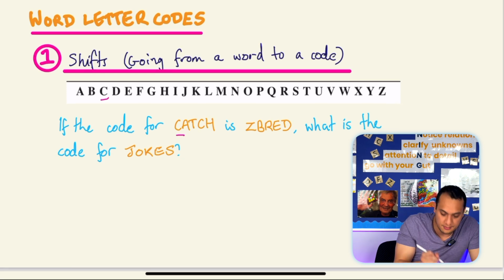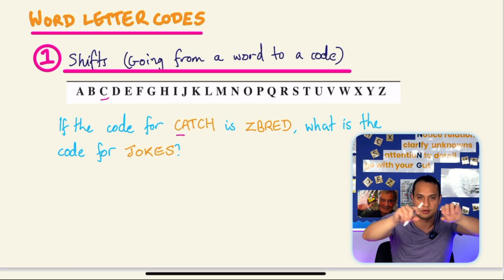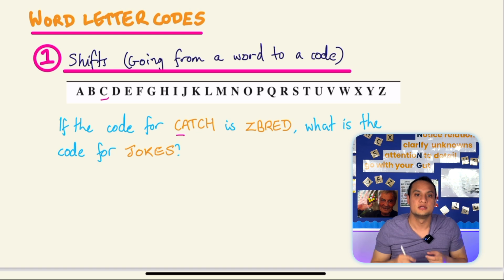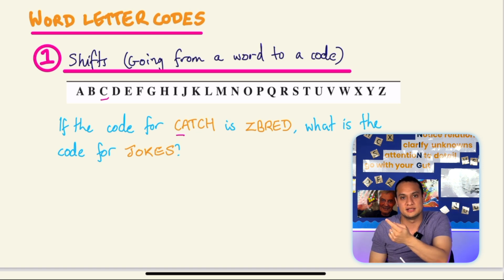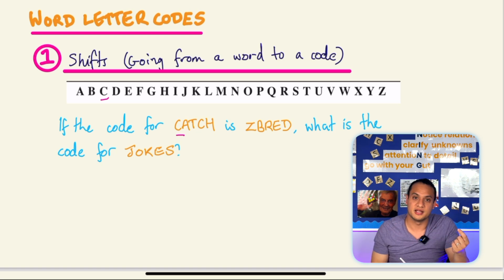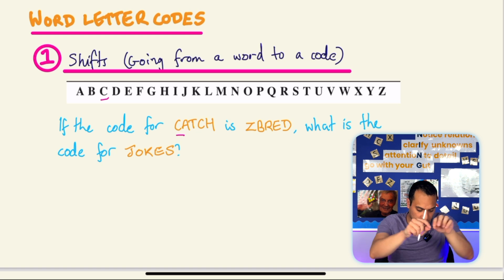Now, what I want you to imagine is that the alphabet sort of goes around in a continuum. So it goes from A to Z, Z back to A, and so on. So it kind of goes around in a circle.